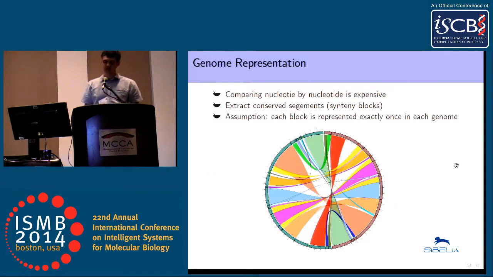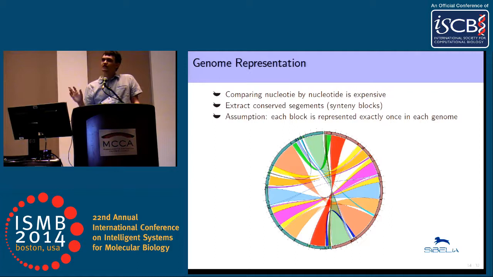First, how do we represent a genome? We have to compare them somehow, but comparing nucleotide by nucleotide doesn't make sense. It is quite expensive, right? So instead, we want to extract some conserved regions. We call them synteny blocks. And in this picture you can see the decomposition of two genomes into synteny blocks. But of course, we can decompose multiple genomes simultaneously using Sibelia for bacterial genomes.